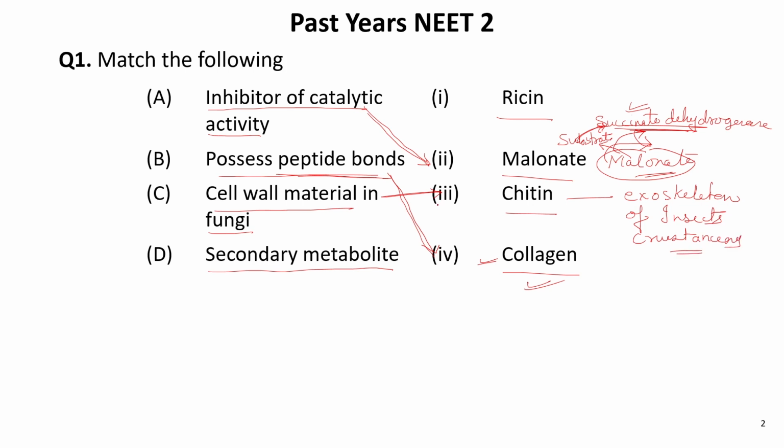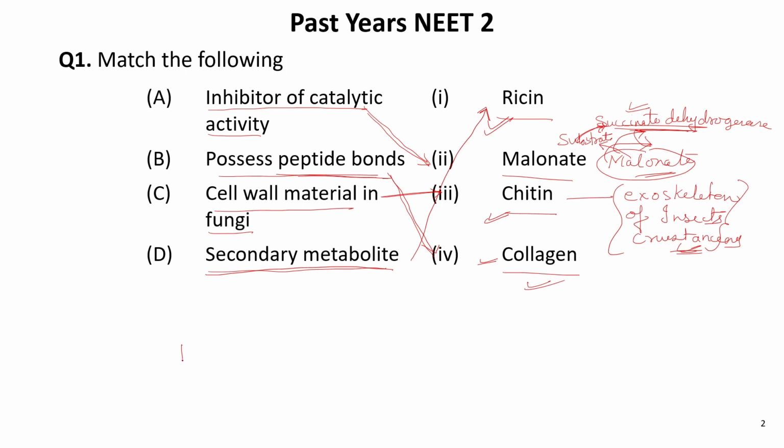So remember this. Chitin is found in the cell wall of fungi as well as the exoskeleton of insects and crustaceans. Secondary metabolite, ricin. So this is also very, very important.